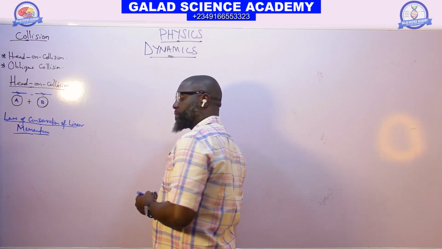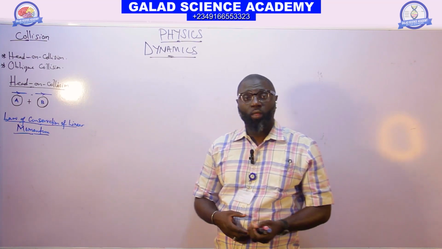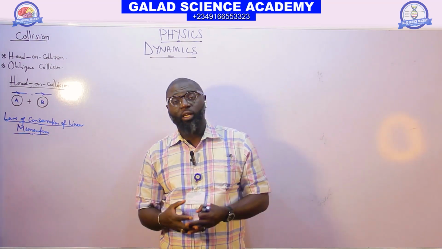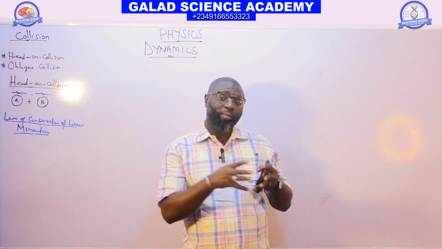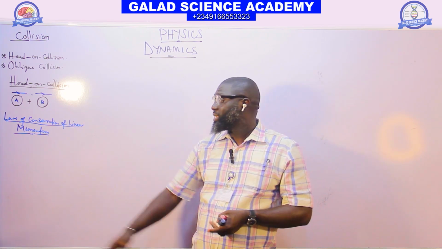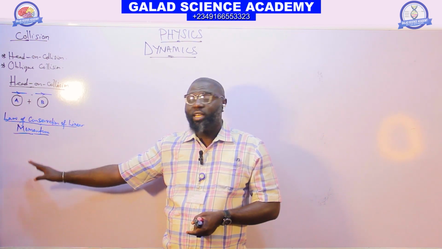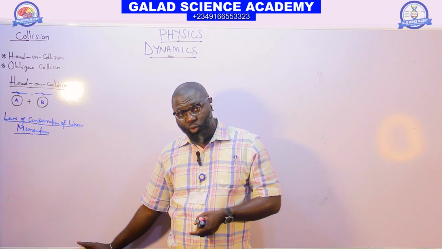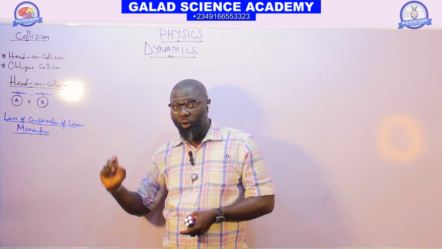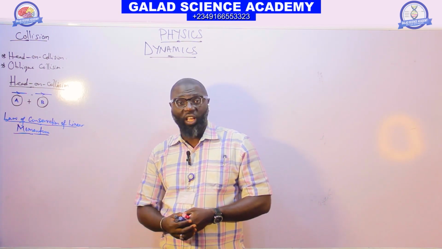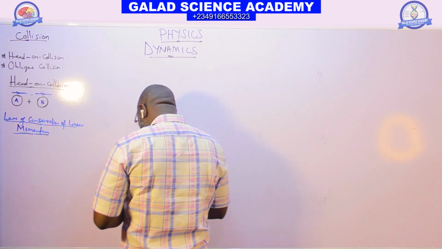The law states that the total momentum of the colliding bodies before collision is always equal to the total momentum of the colliding bodies after collision. That is, the total linear momentum of the colliding bodies is conserved. Momentum before collision is equal to momentum after collision. That is the law of conservation of linear momentum, and it can be illustrated as shown in the diagram below.